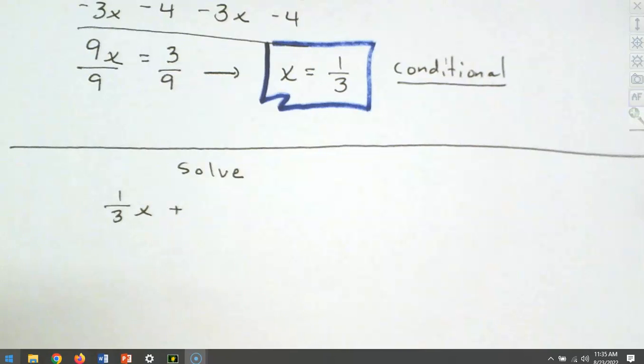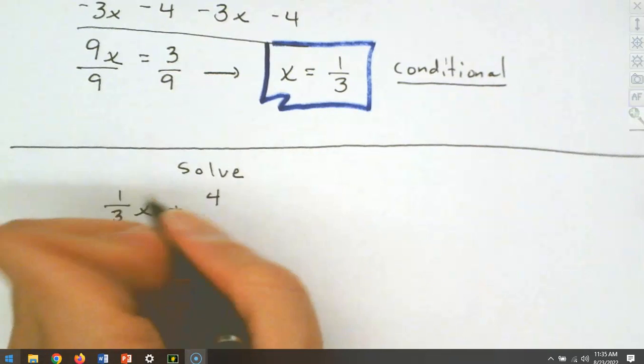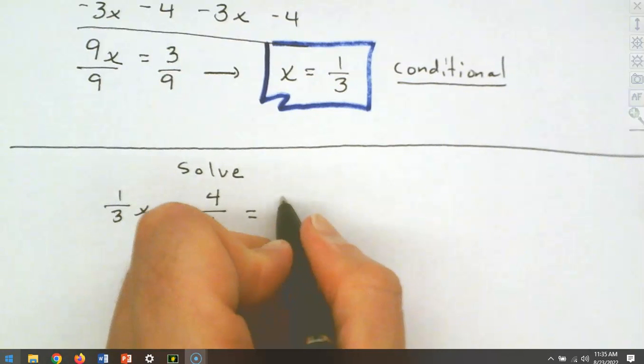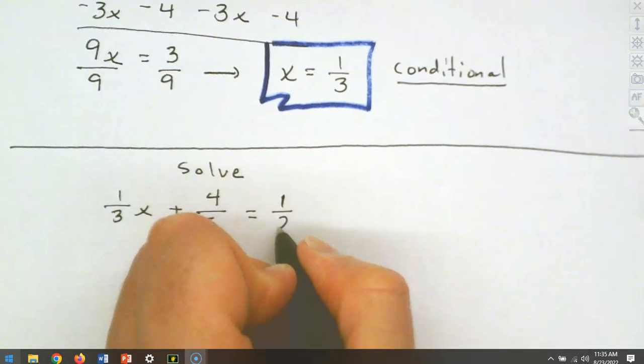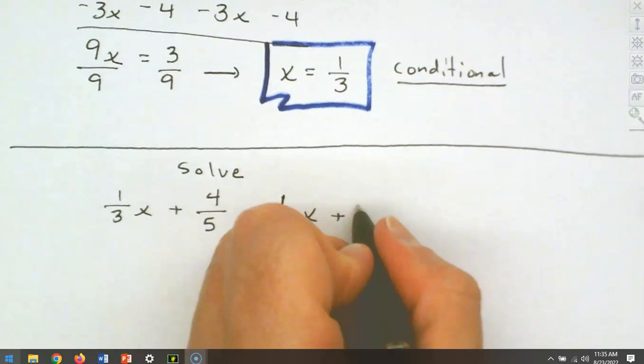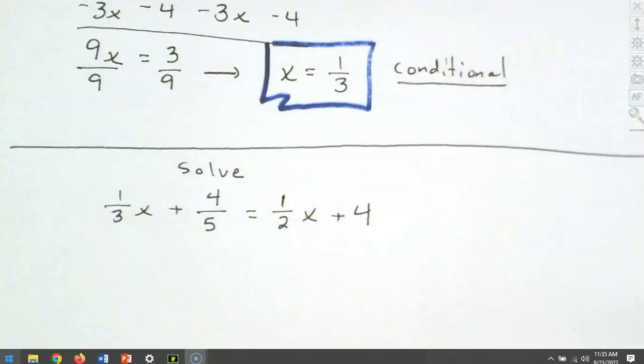So let's work with this one here. So let's say I give you this to work with.